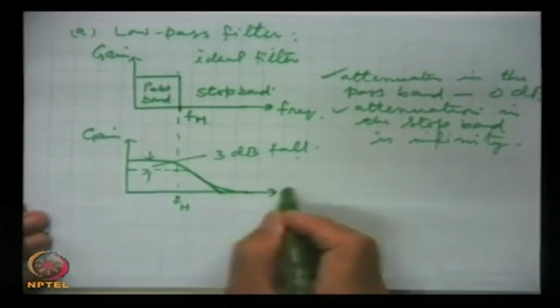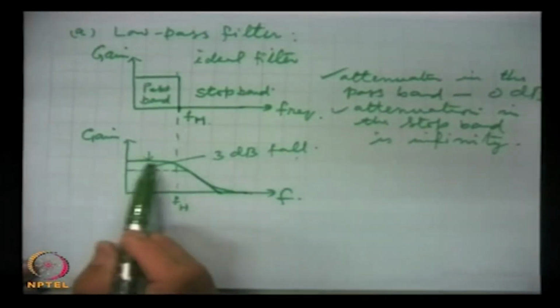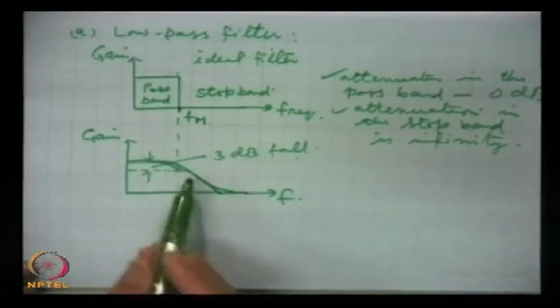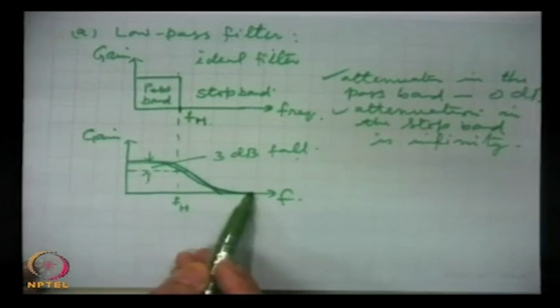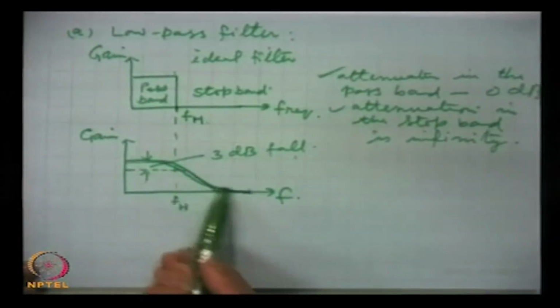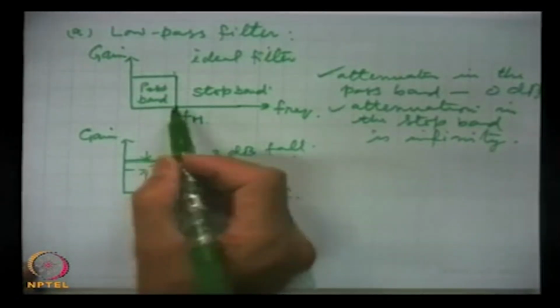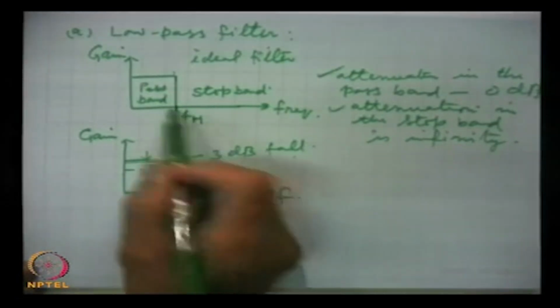The gain will start falling here and then fall very fast, and the 3 dB fall will be very close to FH.